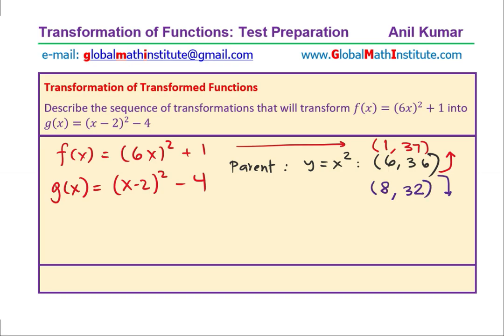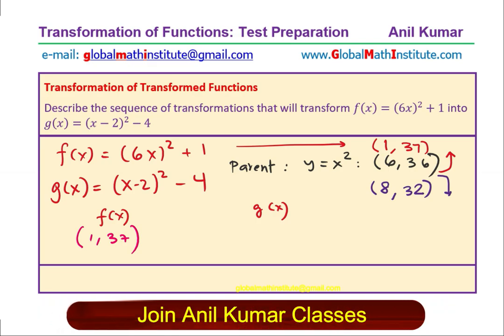So now basically, we are relating these two, f of x and g of x. The coordinate points are, for f of x, (1, 37), and for g of x, (8, 32).